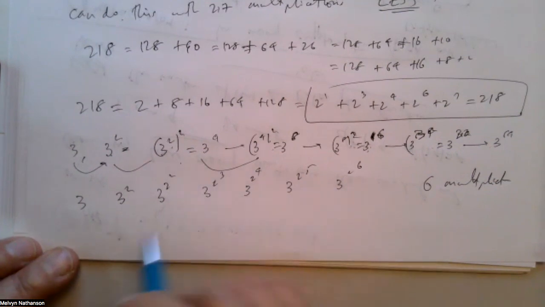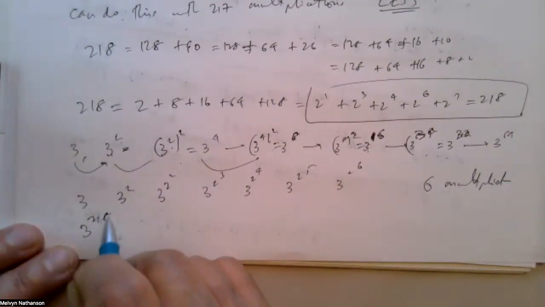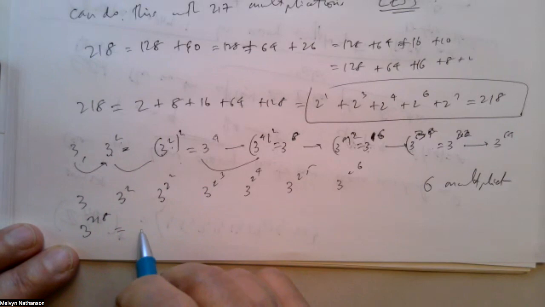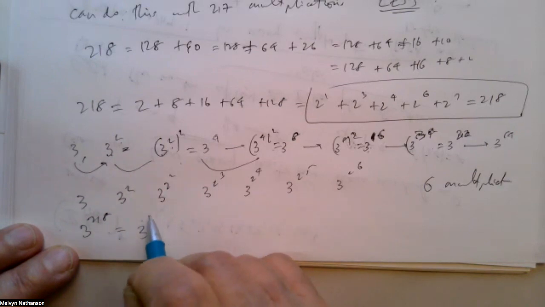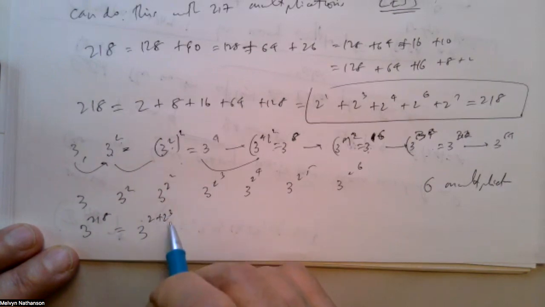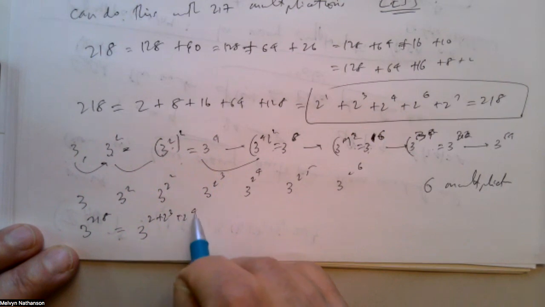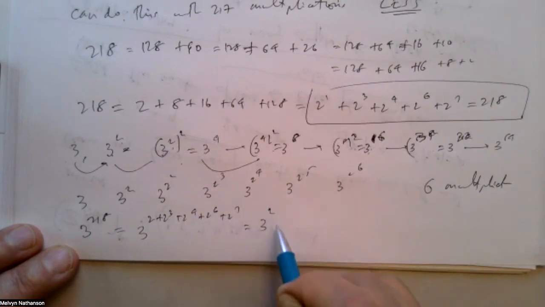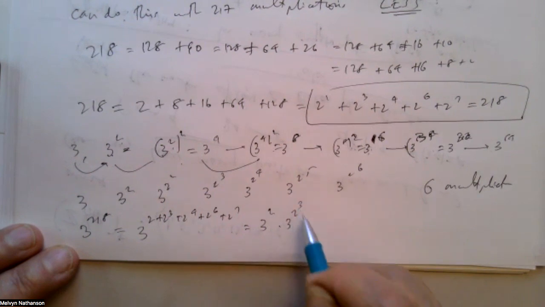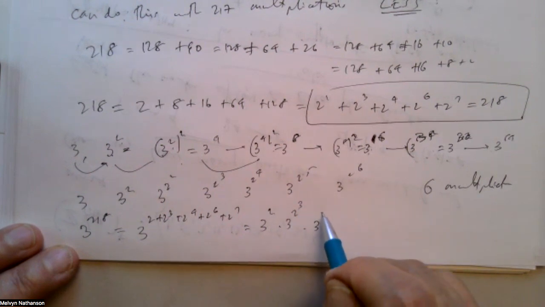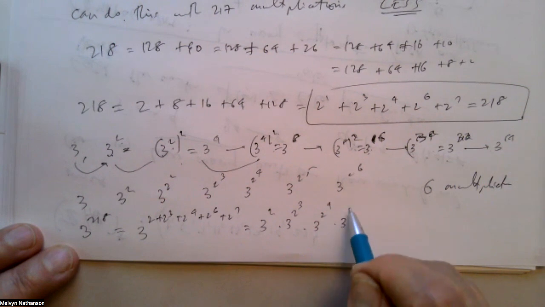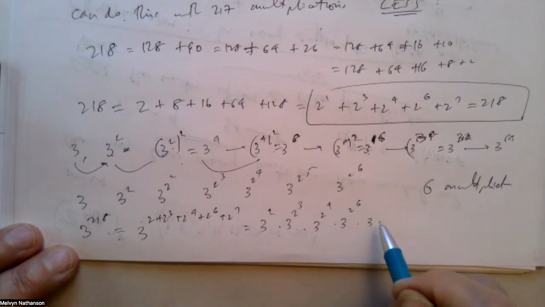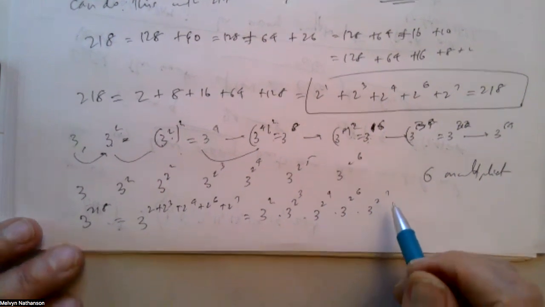And then I'm interested in 3 to the 218. But that's 3 to the 2 to the first power plus 2 cubed plus 2 to the fourth plus 2 to the sixth plus 2 to the seventh. That's 3 squared times 3 to the 2 cubed times 3 to the 2 to the fourth times 3 to the 2 to the sixth times 3 to the 2 to the seventh.